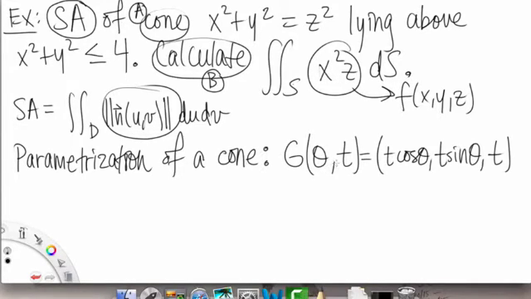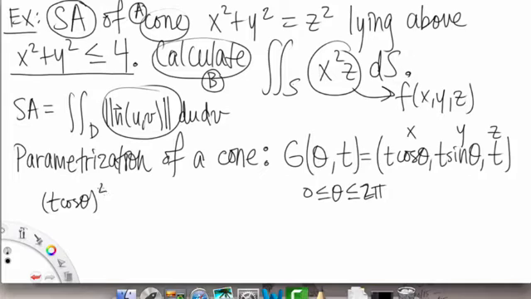Theta obviously goes from 0 to 2 pi, because it has to go all the way around the circle. Then we have to find the bounds for t. We plug the x and y into the inequality: t cosine theta squared plus t sine theta squared is less than or equal to 4.